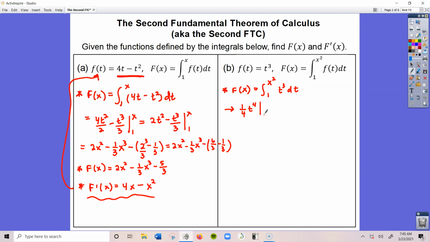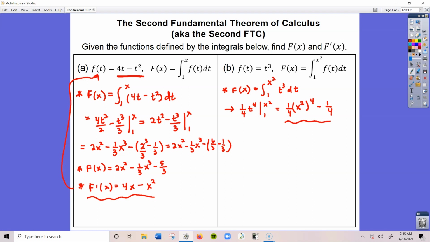And we're going to evaluate that from 1 to x². So now we plug in the x², and we get 1/4 (x²)⁴ minus 1/4, and then 1 to the fourth is just 1.